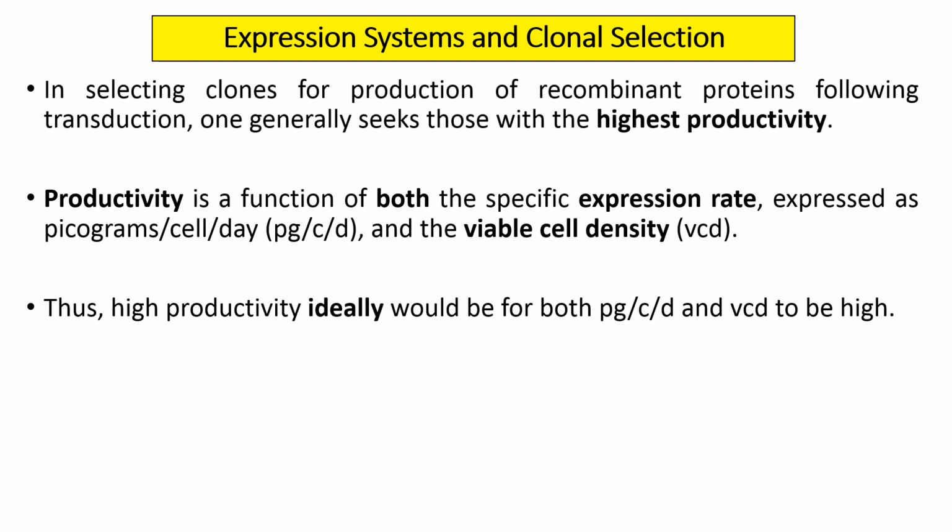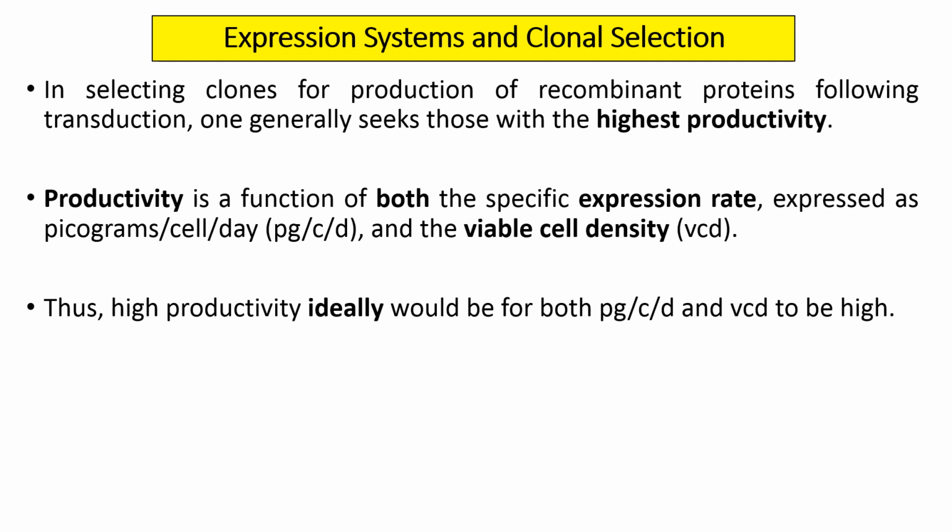Also, it should be mentioned that what biosimilar developers take into consideration in selecting the clones for production of recombinant protein is the productivity of the expression system. Usually, they are seeking the one with the highest productivity.